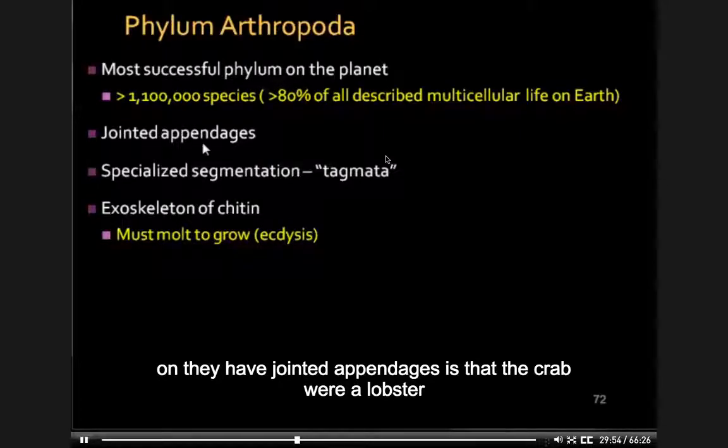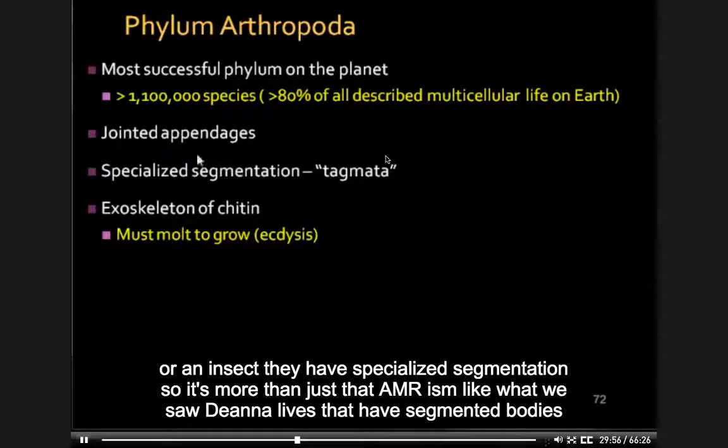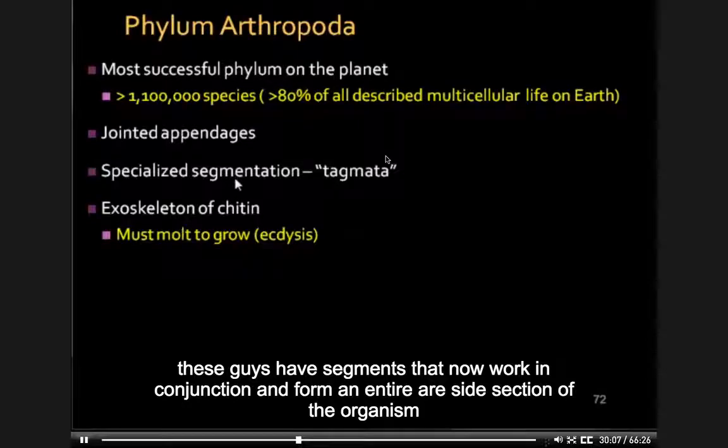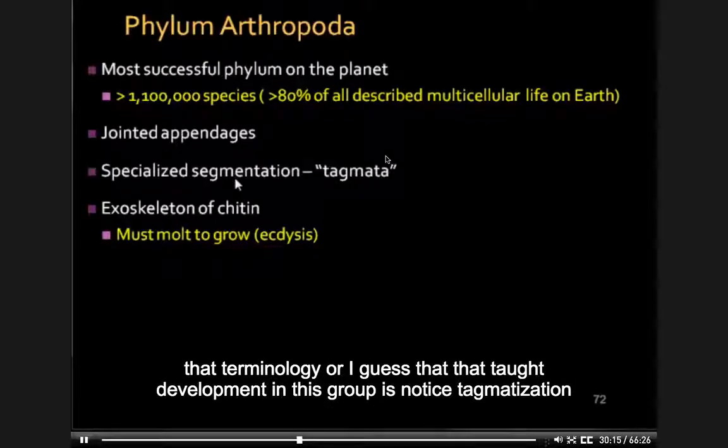Just think of a crab or a lobster or an insect. They have specialized segmentation, so it's more than just metamerism, like what we saw in the annelids that have segmented bodies. These guys have segments that now work in conjunction and form an entire section of the organism. That development in this group is known as tagmatization.